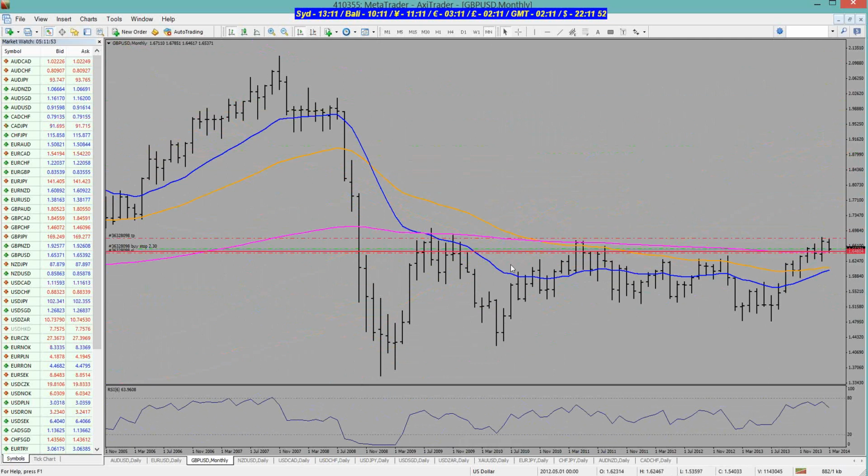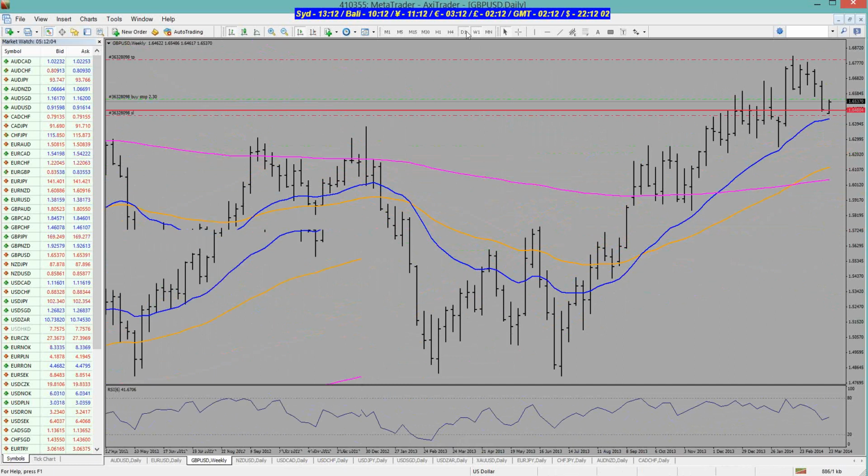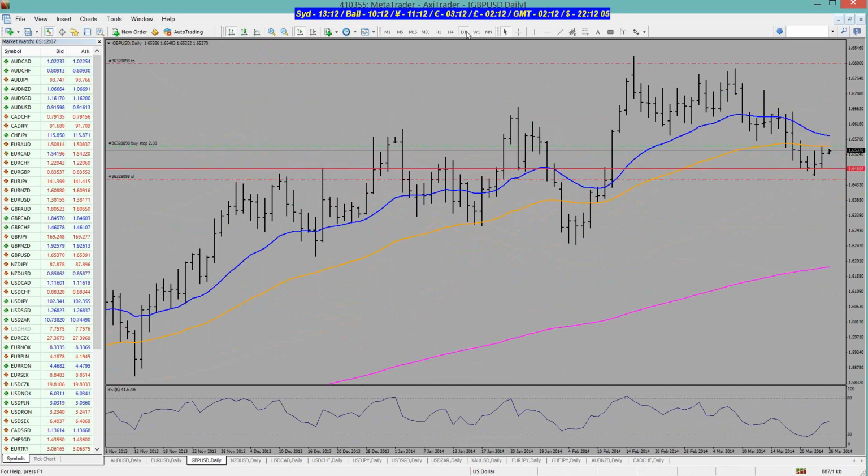But you're looking at your horizontal support and resistance lines on the longer time frame. Fundamentally, you're bullish the cable. They're producing some great results, and then you do your analysis on the lower time frames.